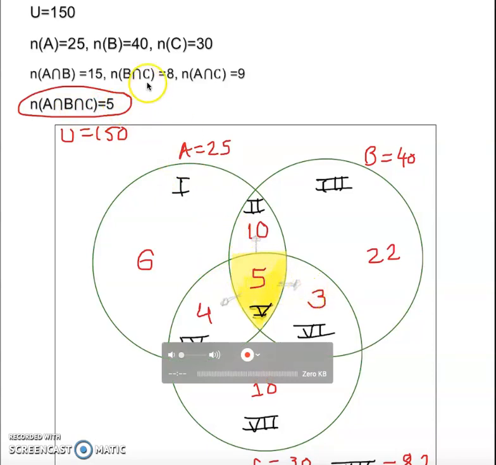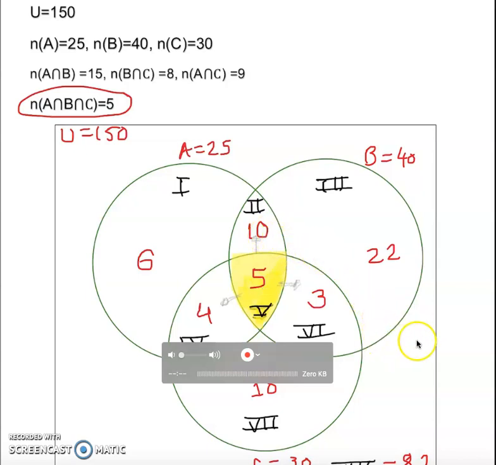5 plus 3 is 8, as you clearly see, 8. 5 plus 10 is 15, as you see, 15. And 5 plus 4 is 9, because this is the intersection. And this is all 25. So look at this, 6 plus 4 is 10, 15, 25. You want to check this one? 22 plus 3 is 25. 25 plus 5 is 30, 40.